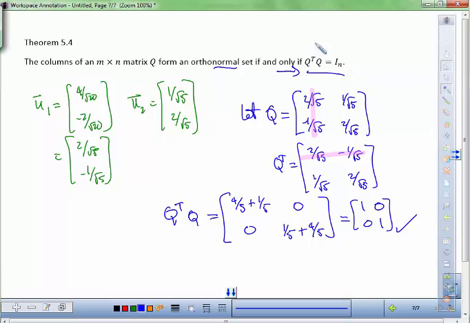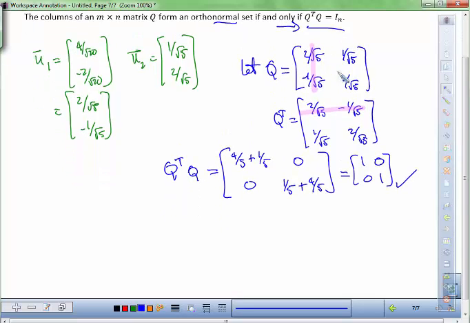And then also, don't we know about matrices whose transpose times the matrix is the identity? We did some of that. They're invertible. Let's do another example.